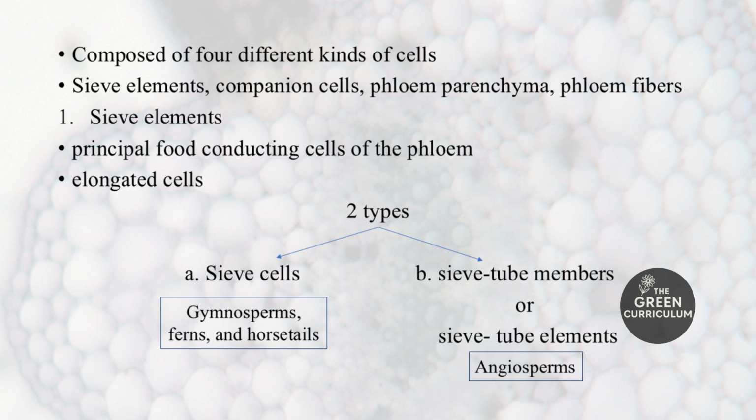The wall consists of pores in it, which is similar to that of the perforation plate, more or less similar. The structure is entirely different, but when we look at the morphology it is almost similar.